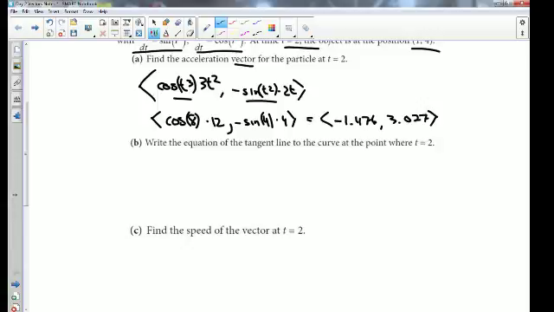All right, part B, write the equation of the tangent line to the curve at the point where t equals 2. All right, so if we want a tangent line, so dy/dx right there, right?